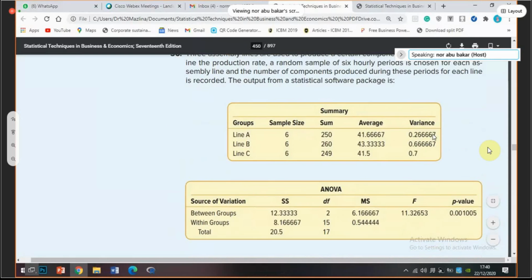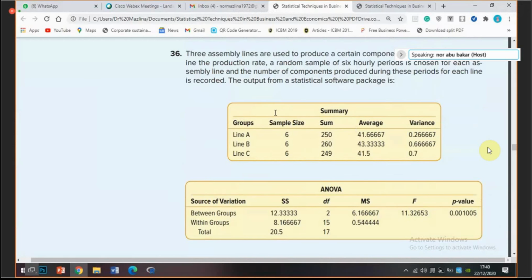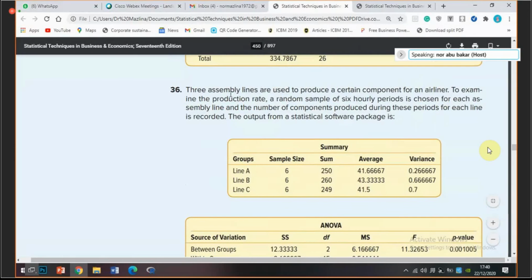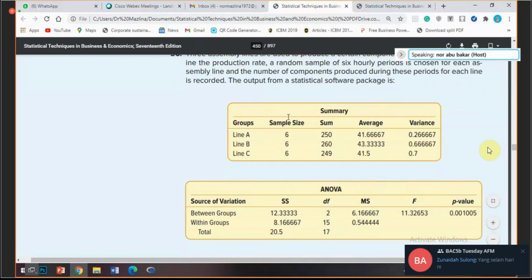Okay, and this is another example for question number 36. This is in assembly lines to produce a component for an airliner. So we have 6 samples from each line, with 41, 43, 41.